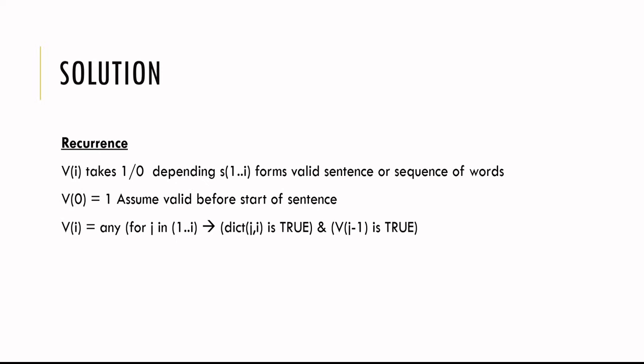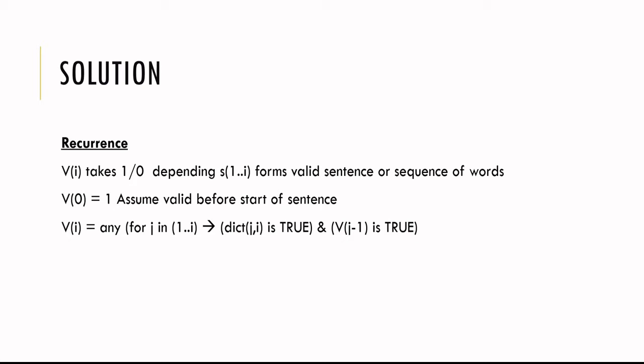It gives a 1 or 0, true or false, based on whether there is a valid sentence all the way from the beginning to this ith character. If it results in a false, that means the beginning to the ith position is not a valid sentence or a sequence of words.